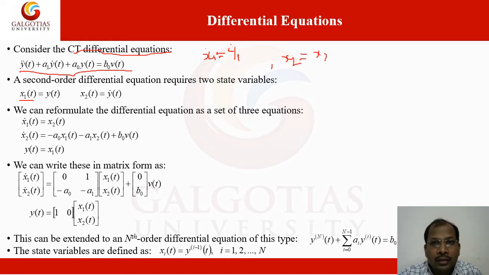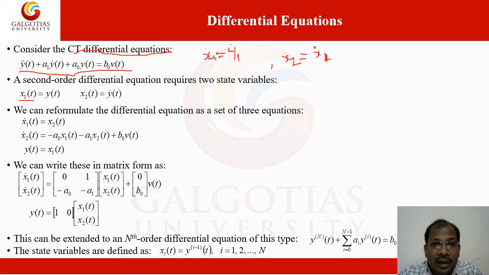Sorry, this one is x1 dot. So here x2 we are considering y dot. So you know that x1 dot is equal to x2, already calculated, and x2 dot we can put here. x2 dot is equal to minus this one, and y is equal to x1.